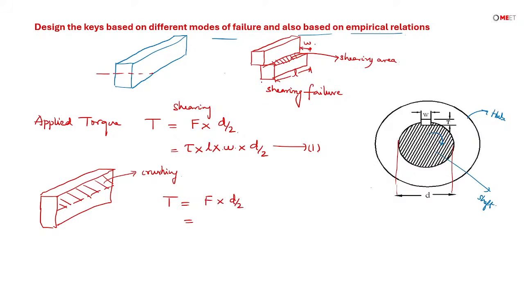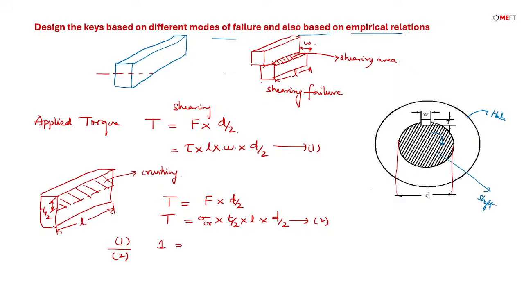Instead of shear stress, it will be replaced with crushing stress into the dimension, which would be T by 2 into length. So T equals sigma CR into T by 2 into length into D by 2. This is the torque, equation 2.